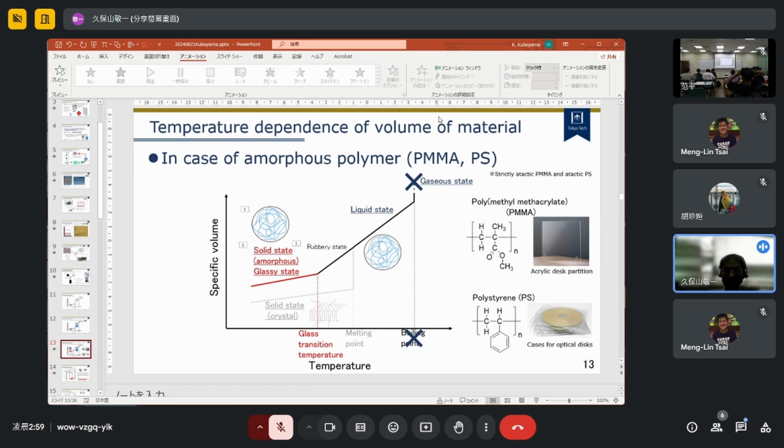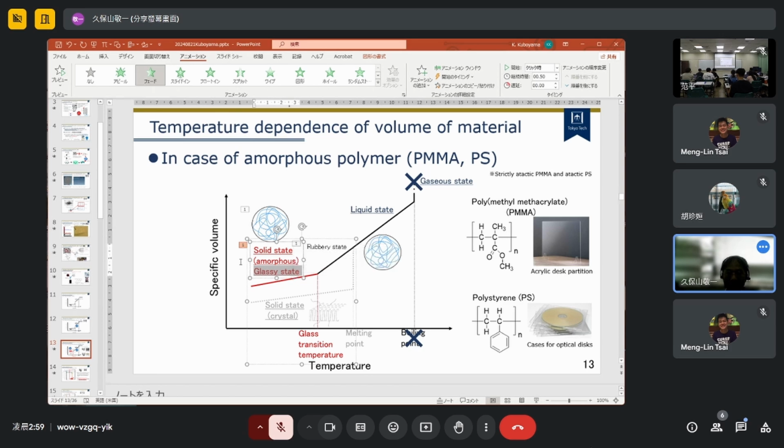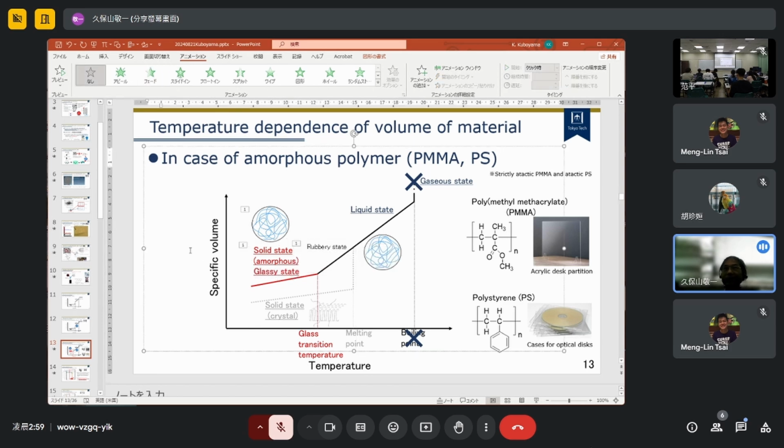So in such a polymer, at the lower temperature, the structure is amorphous, but it has a solid state. That is called the glassy state, like inorganic glass, which can also have a glassy state.